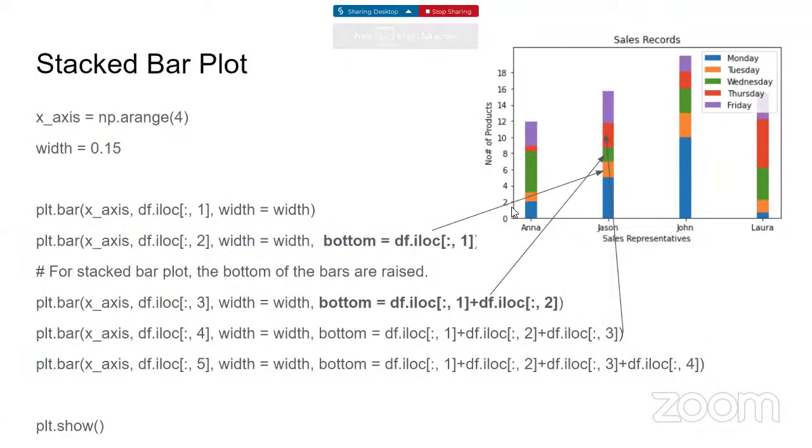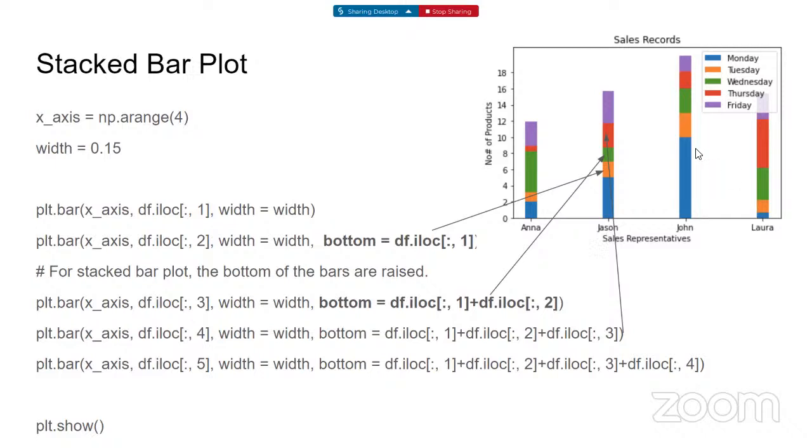Next one we are going to do is a stacked bar plot. Stacked bar plots are a little bit different from the last one. As you see, the x-axis, they should all be on the same spot, so you don't need to move the x-axis here.